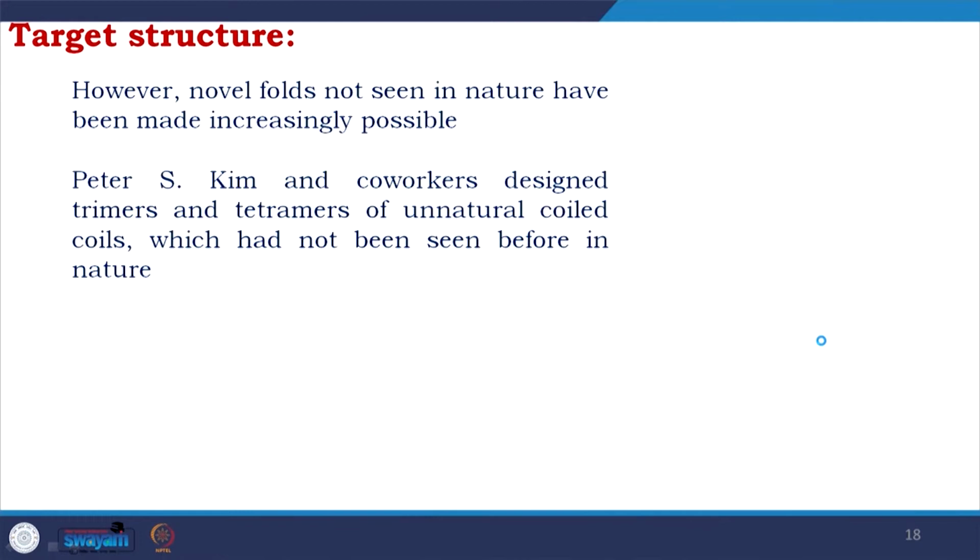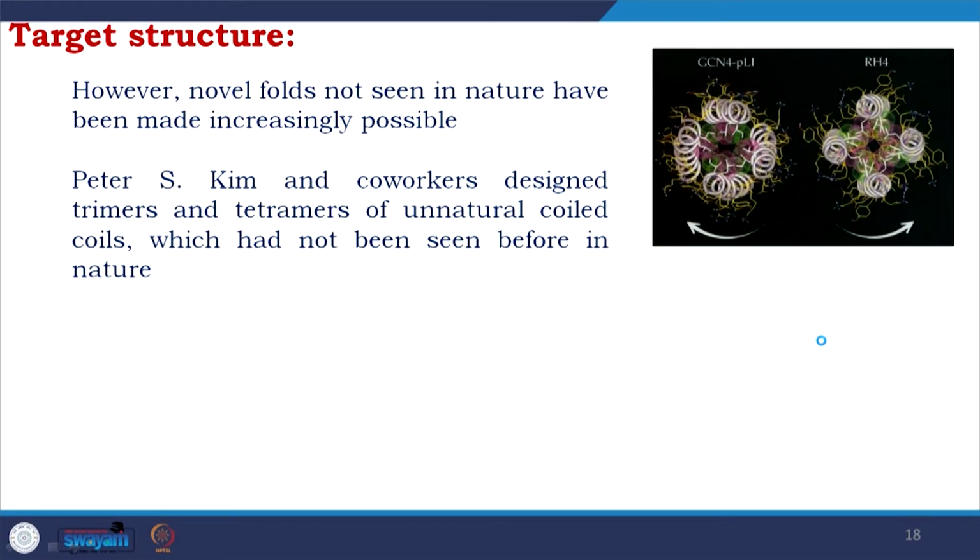Peter Kim and co-workers designed trimer and tetramer of unnatural coiled coils which had not been seen before in nature. So, if you see, this is GCN4, the existing protein, and this is the tetramer RH4 designed by Peter Kim. You could see that the fold is very different, but these 4 alpha helices you see are the exact alpha helix coming from this protein.